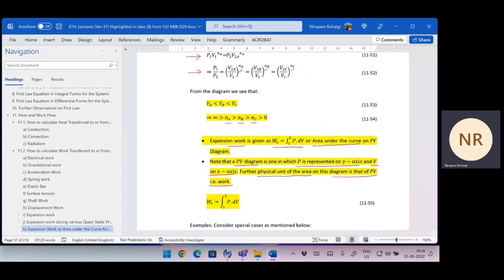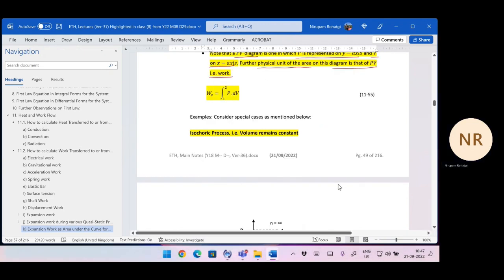No. Your x-axis has some unit, y has some unit. The area under the curve is the units of the y-axis multiplied by the units of the x-axis. That is the unit of area. So P into V is actually the unit of work, in joules. If your pressure P is in Newton per meter square and volume is in meter cube, you will get joules. So this you have to take care of.